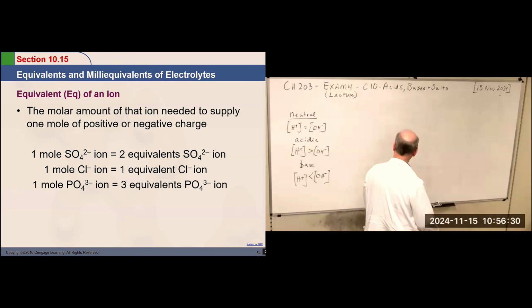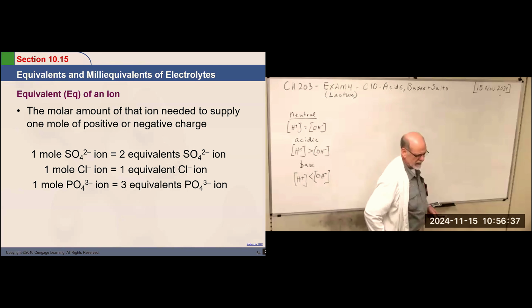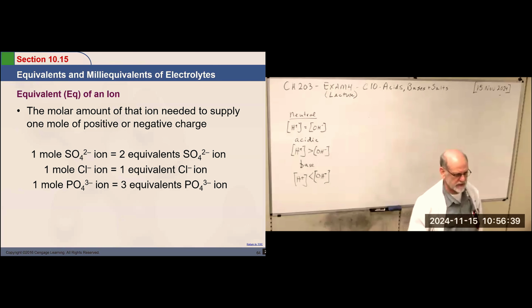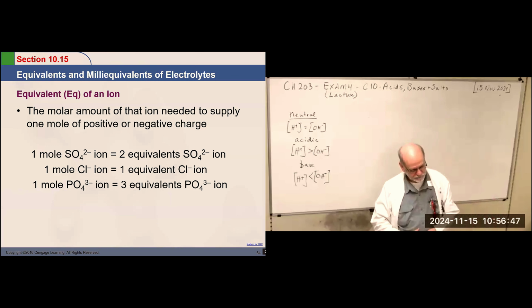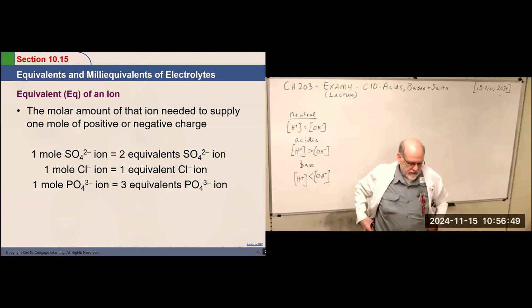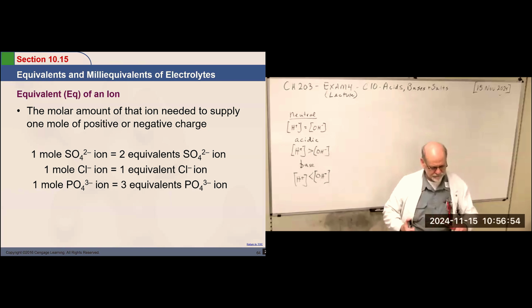This concept is only introduced because it may be useful, especially if you're going into a laboratory setting and you're going to be using acids and bases a lot, salt solutions a lot, and reactions involving them, is the concept of the equivalent. The equivalent references, well, let's restrict our definition to acids and bases.